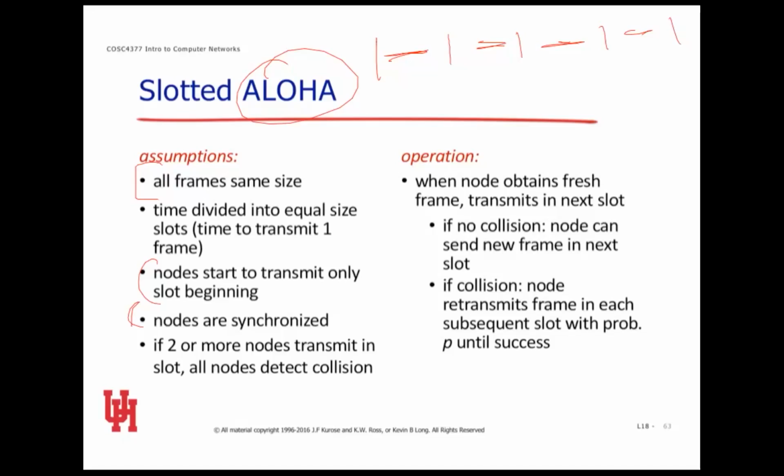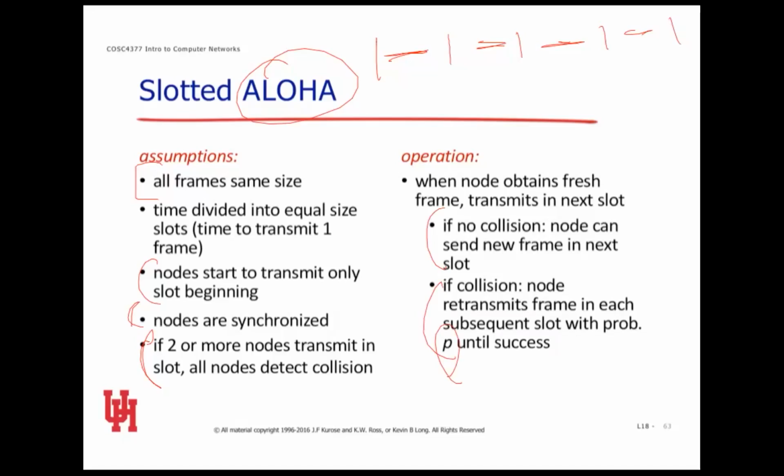So when you are ready to send a frame, you get one from above, from IP, and you transmit it. And you try to listen to see if there's a collision. If there isn't, you're good. If there is a collision, you're going to retransmit, but not necessarily in the next frame. You're going to use a probability of P to decide whether the next frame is the one when you transmit or not.